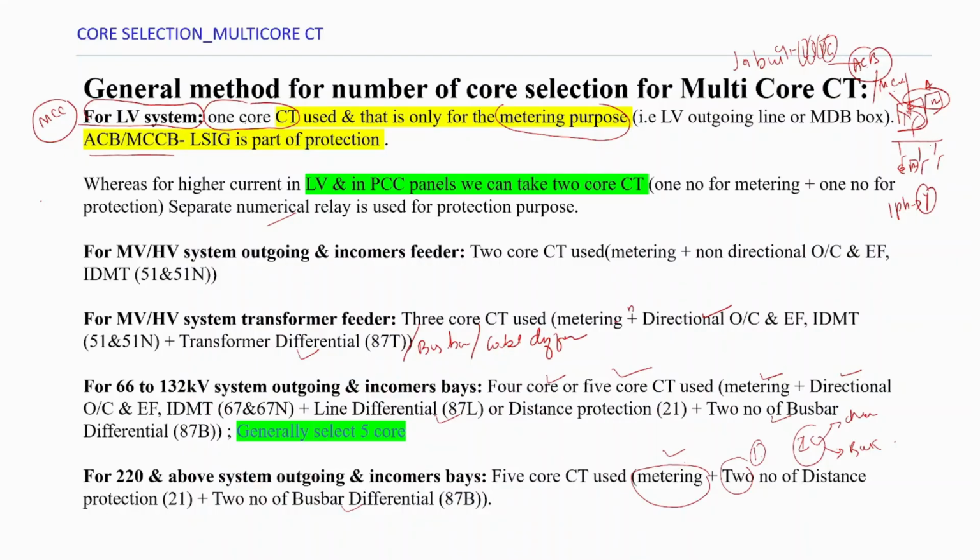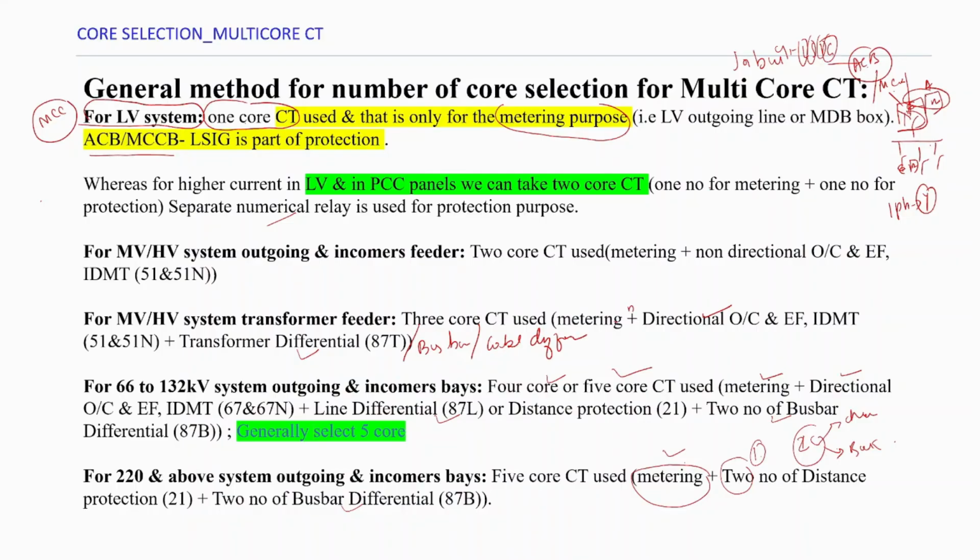I want to ask, is the toroidal CT the same as the single core CT, or a type of single core CT? It is a single core CT basically, for all three phases. You're asking about the core balance CTs, correct?